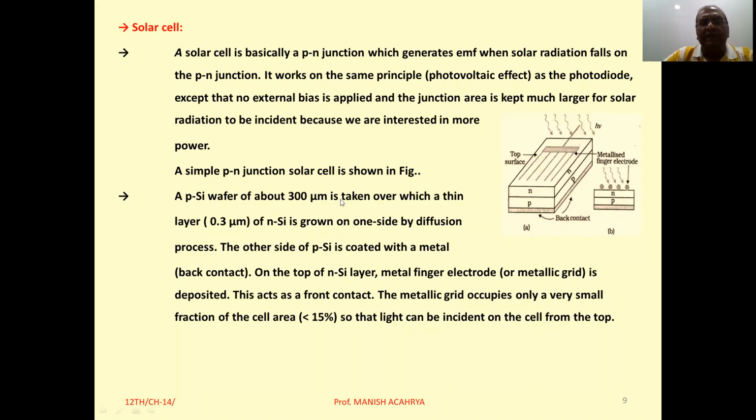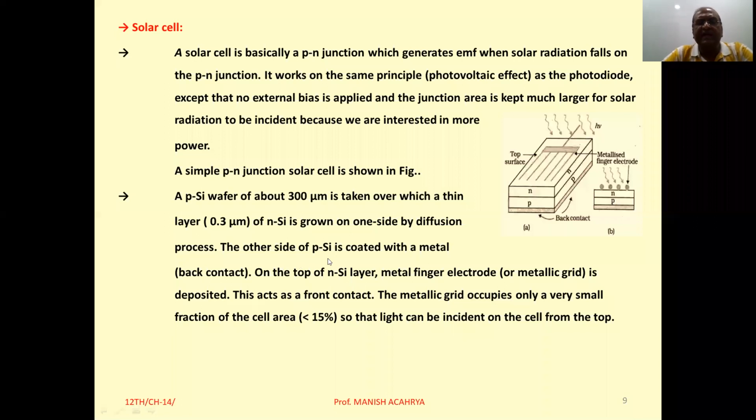Now a solar cell is shown in this figure. See the construction of it. A p-type silicon wafer of about 300 micrometer is taken, over which a thin layer of 0.3 micrometer of n-type silicon is grown on one side by a diffusion process.